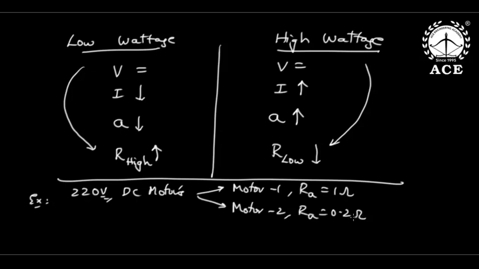Here armature resistance is low, but voltage is the same. Armature resistance low means thick wire. Thick wire means more current. So this is high horsepower. Yes or no? Low resistance, high horsepower. But here resistance is high, so low horsepower.